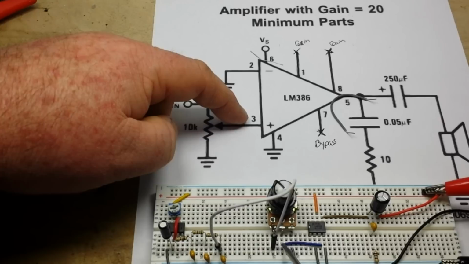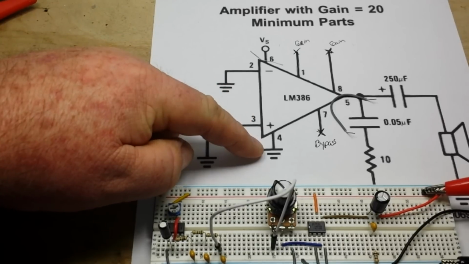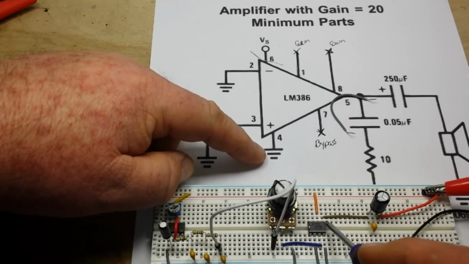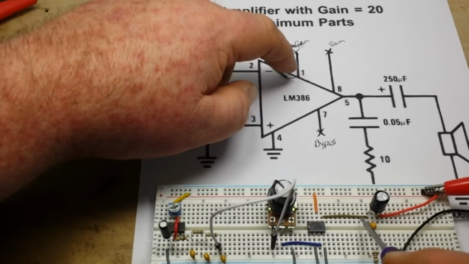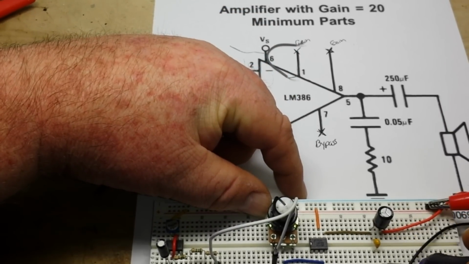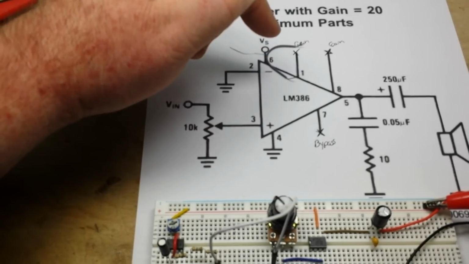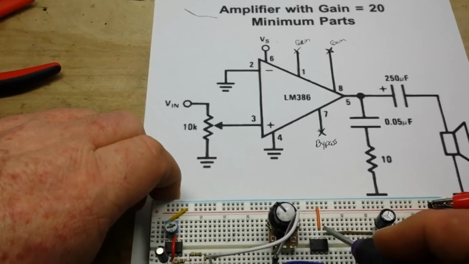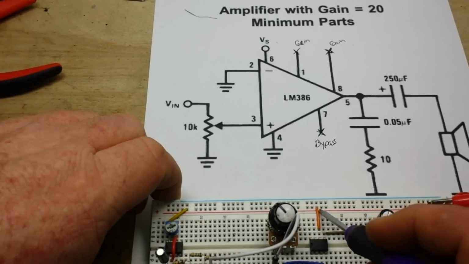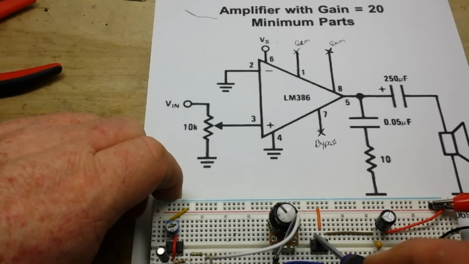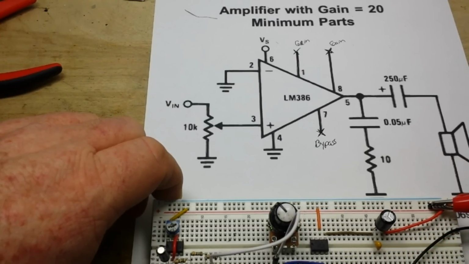Pin 4 to ground. Pin 5 is our output, which goes to our blocking cap and also to this filter. Pin 6 is our voltage supply. 7 is not connected. 8 is not connected.